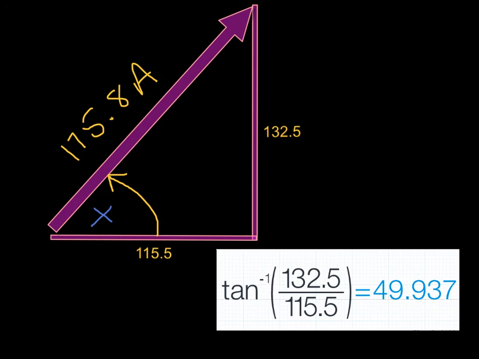So we know the opposite and the adjacent lengths. We can obtain that ratio, use the inverse tan function, and calculate, finally, the direction of the resultant vector, which will be 49.9 degrees from the horizontal. We write the final answer for the resultant vector as 175.8 amps at 49.9 degrees.